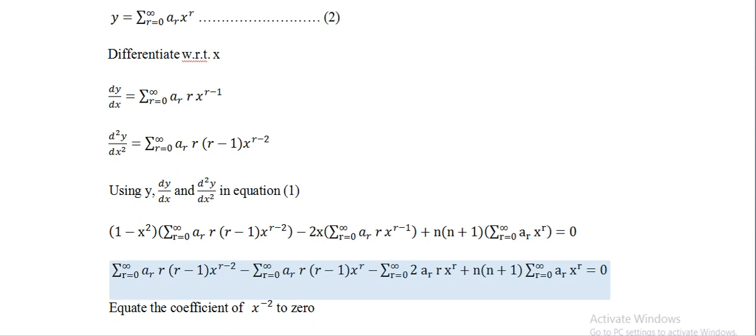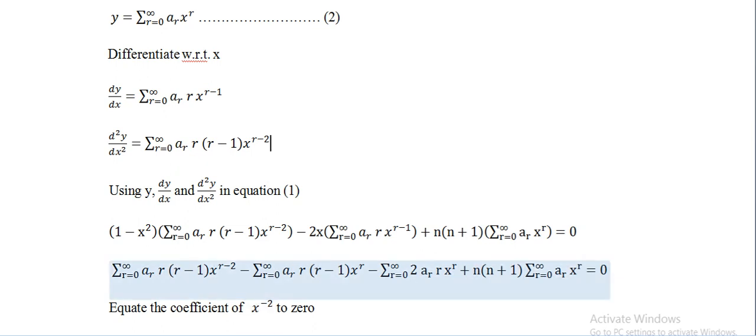Every time we substitute the r value as 0, 1, 2, 3, 4 up to infinity. So first, if we substitute r equal to 0, the x power becomes 0 minus 2, that is x raised to minus 2, but here x raised to 0 is 1.